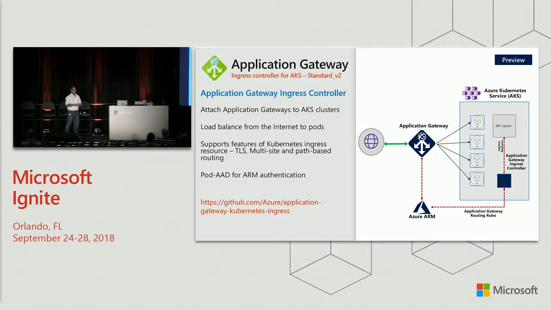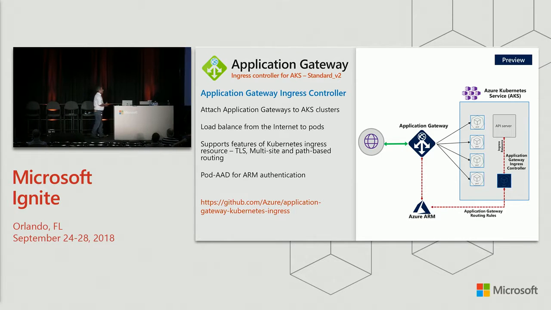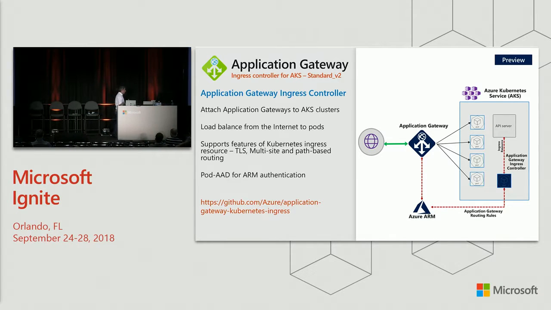And then it goes and programs the application gateway to be the ingress. So if I added a service and change the configuration, it would be listening to those changes in the AKS cluster, and it would automatically program application gateway so that it can route the traffic to the correct pods. So let's see that as well.